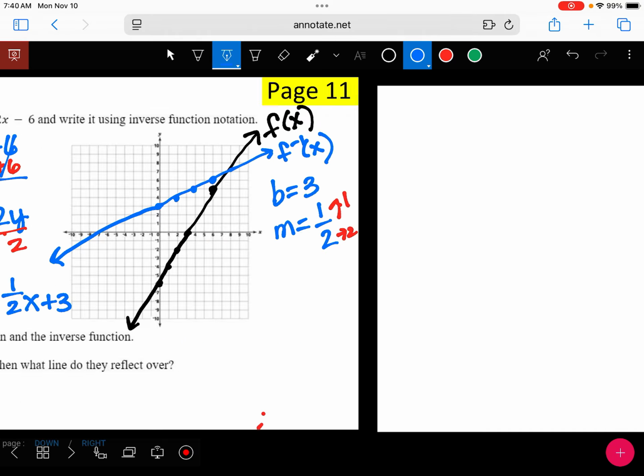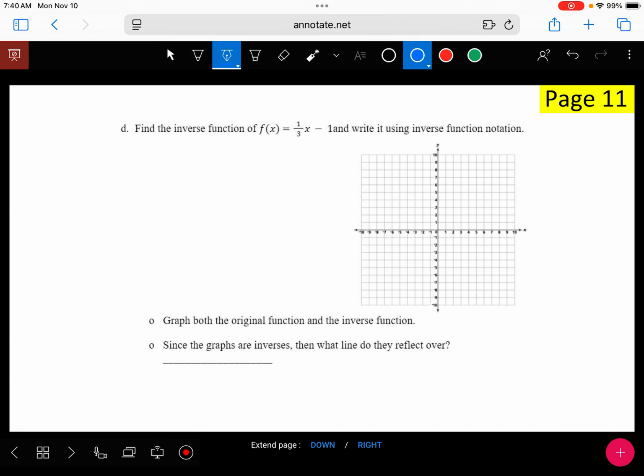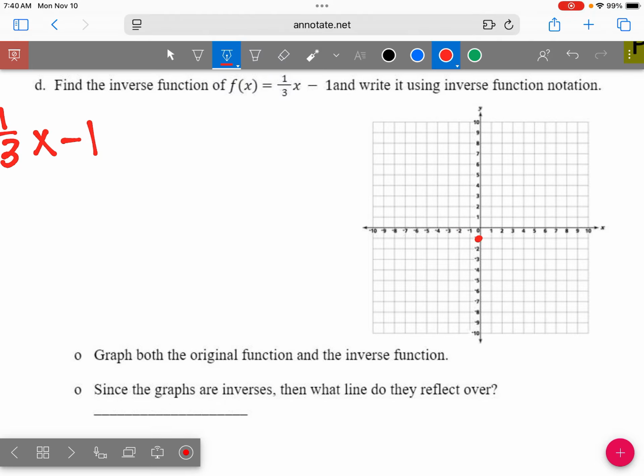All right, last one. So we have y equals 1/3 x minus 1. Let's go ahead and graph that. Put a point at the 0, negative 1. From that point, go up 1 to the right 3.